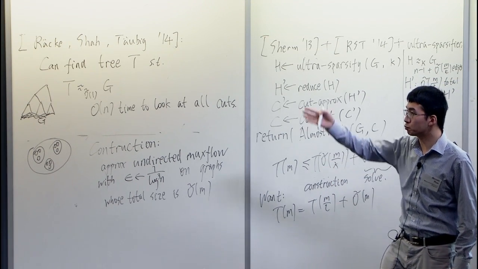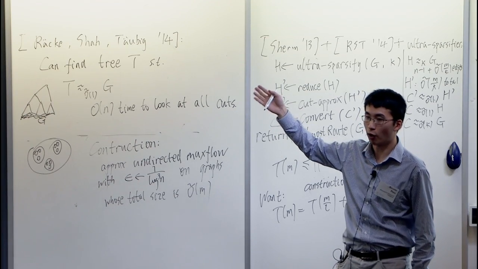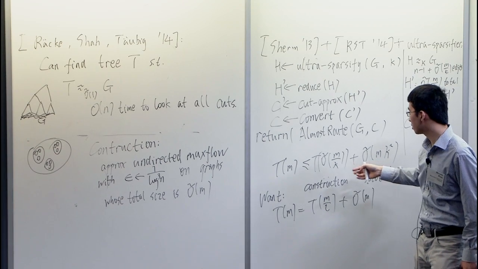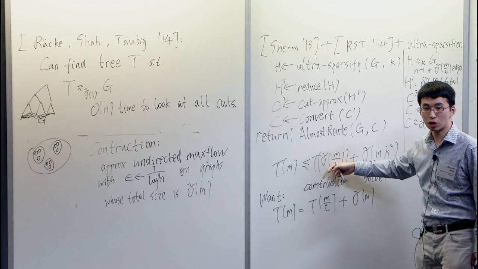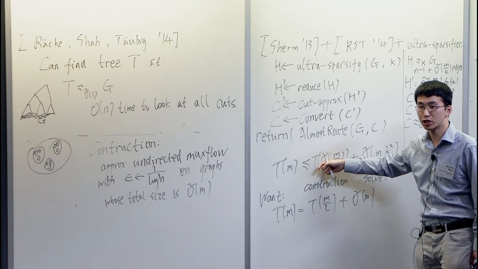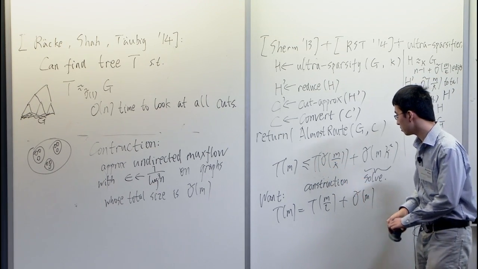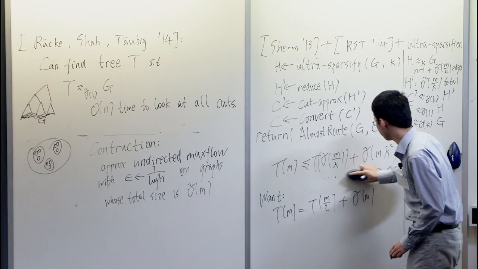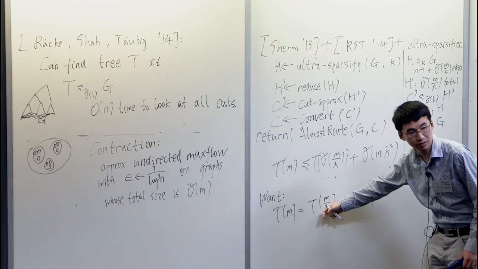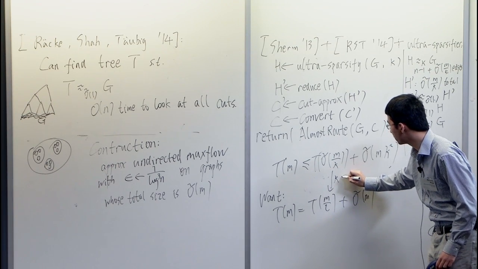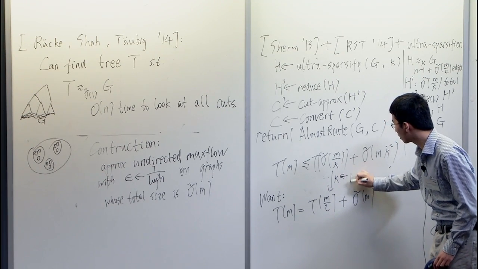So recall that I could build these ultrasparsifiers for any kappa. What that implies is that if I pick kappa sufficiently large, all I have to do is look at this polylog factor, pick kappa to be twice of it. Why twice? So I can get to T of m over 2. So I just set kappa to be polylog n.